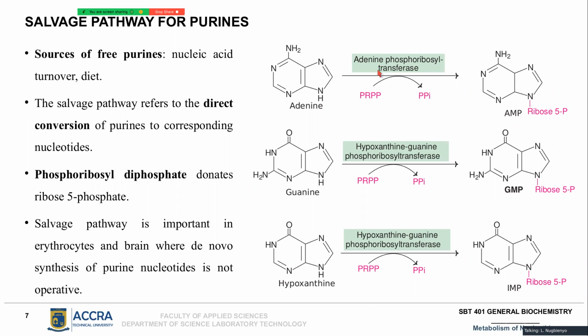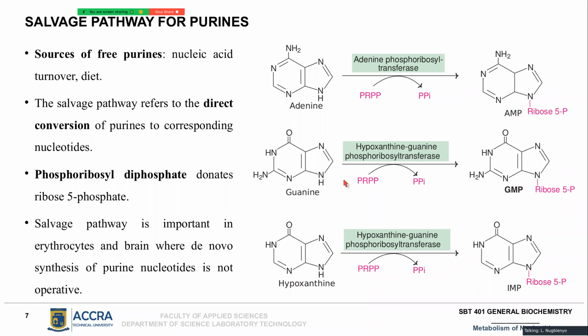And you see here the enzyme which is acting is adenine phosphoribosyl transferase, because there is some transfer of a phosphate group. So a pyrophosphate is given out from ATP, and then the single phosphate group comes on a ribose to give you a ribose 5-phosphate.